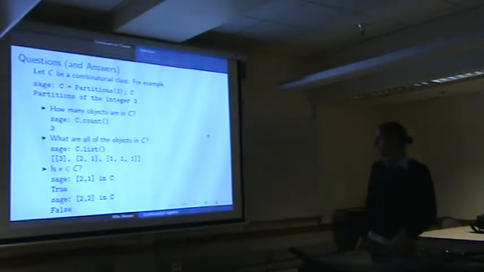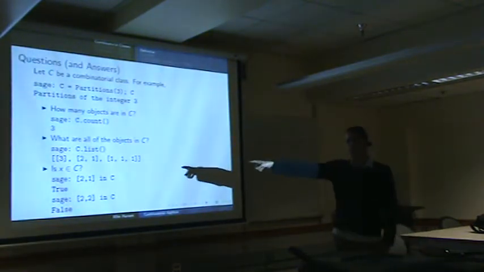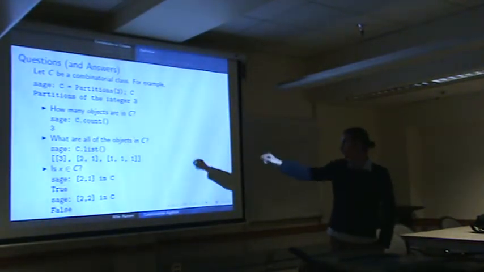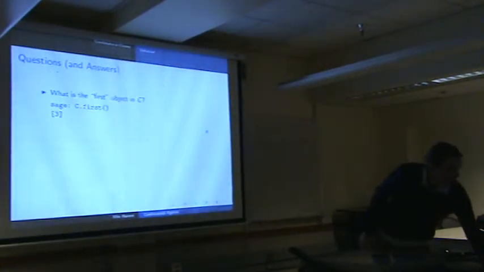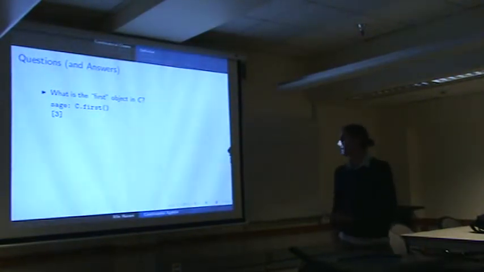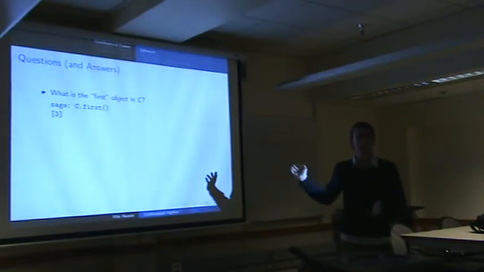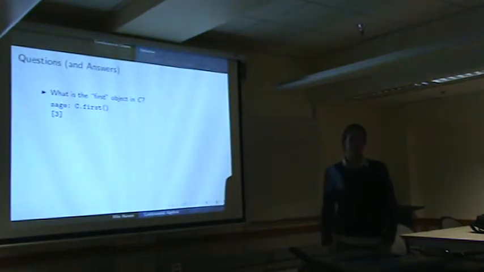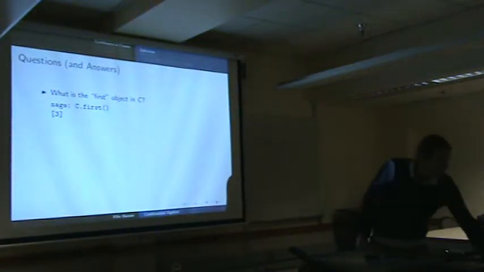You can check whether or not an object is in this class. Here you see the list [2,1] is a partition of 3, while the list [2,2] is not. The objects in this class have some order, just the order they happen to be in the list. So you can ask what's the first one in this list, and it's the partition [3].